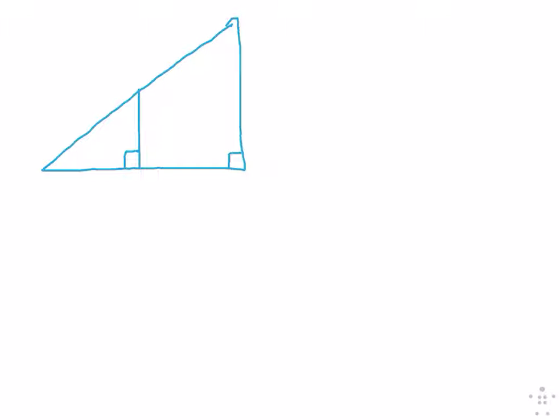So we have the triangle set up like this. And I wish I would have taken the picture because I know my drawing is not going to be the best. So this is 14, this is 5, 6, x.